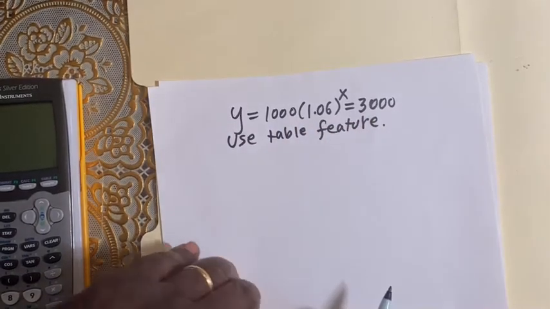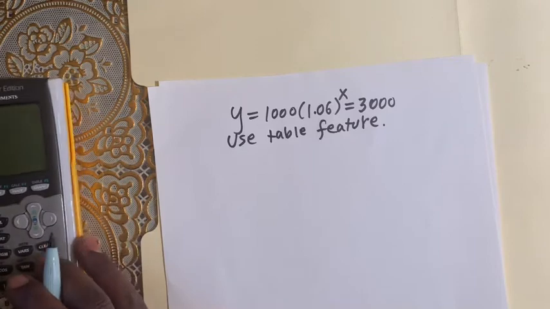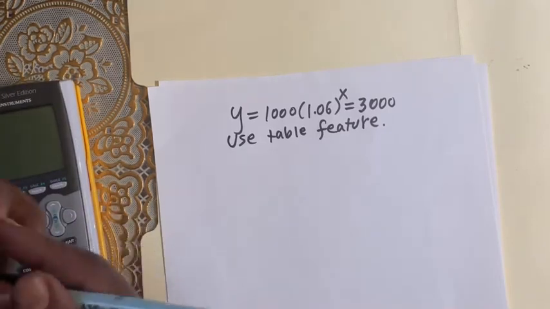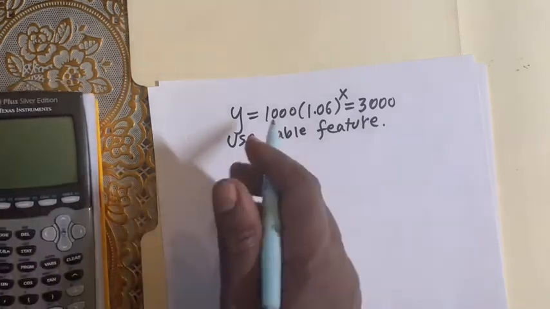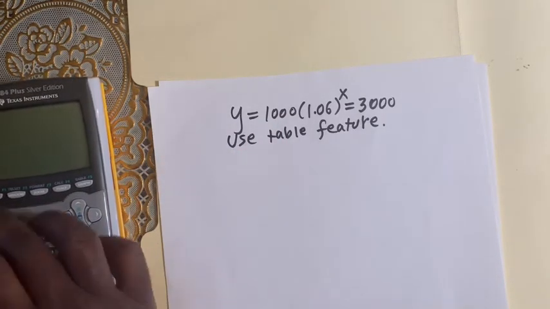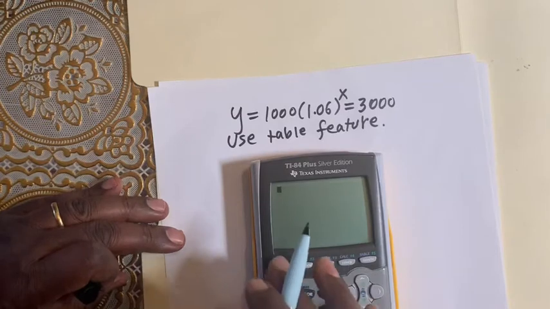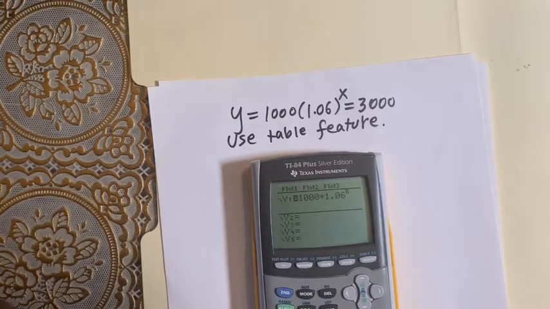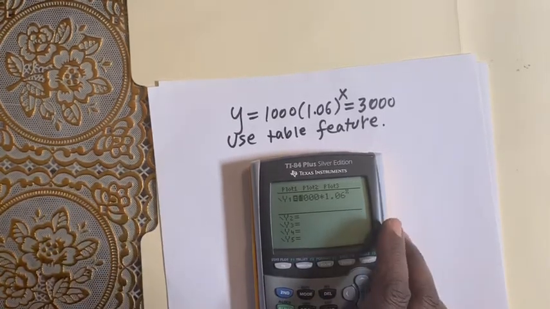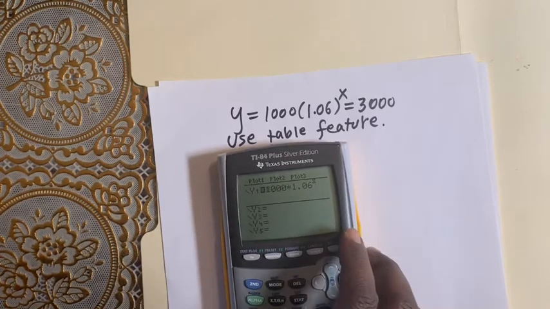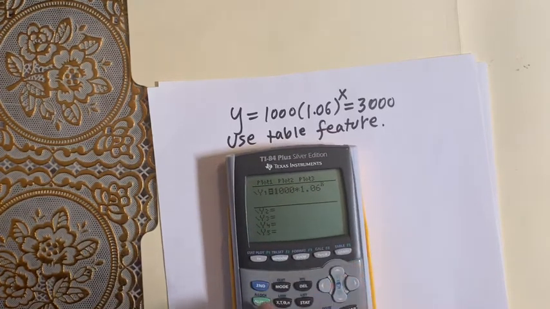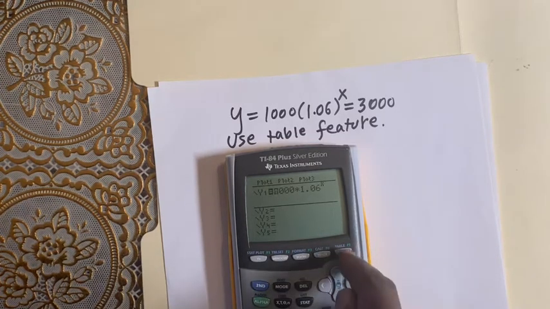If you use the table feature in the graphing calculator, we can easily determine the closest amount to 3000 by entering that into the calculator as y. I already entered this value earlier, which is 1000 times 1.06 to the power of x. So I go to the table feature, which is second and graph.